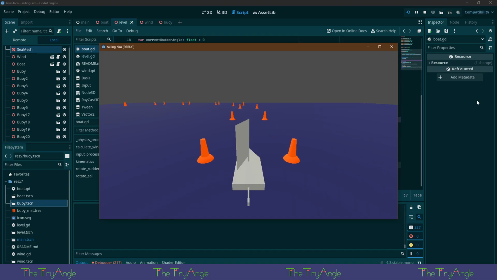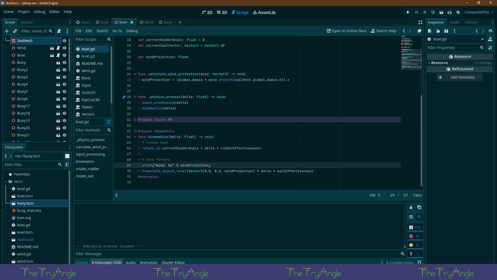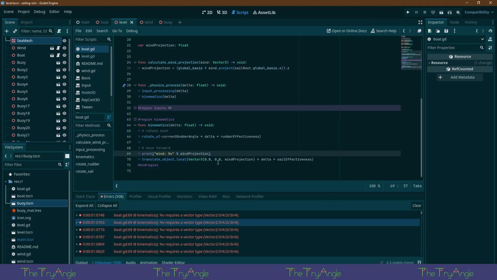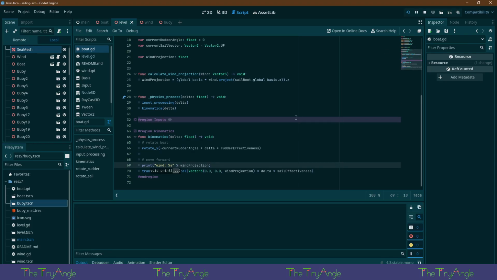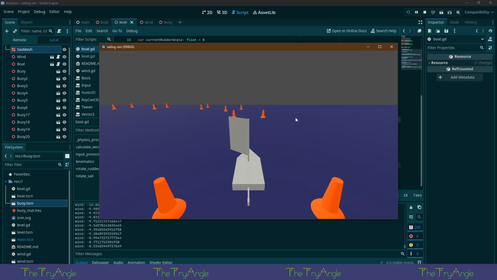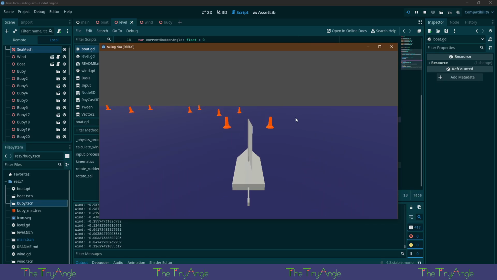We're pointing in the right direction, but more importantly, remember the projection on the ship. Why is it still printing this message? Oh. I didn't make mistakes. All right. Notice our wind, yeah? Here we go. It's our projections in this negative direction.